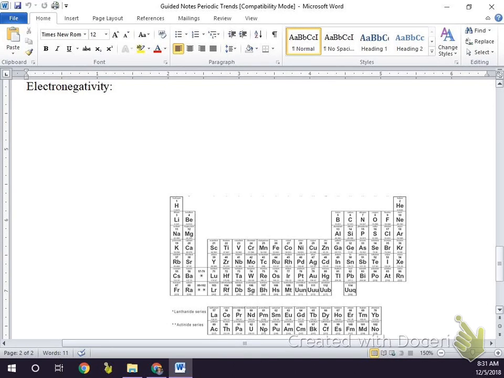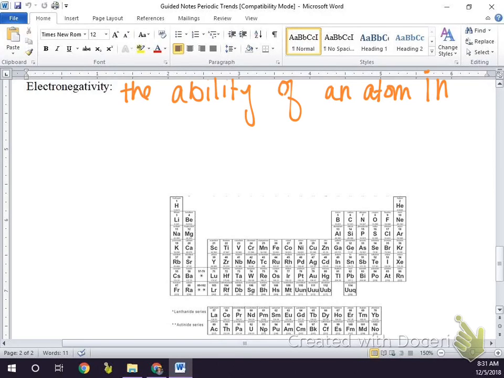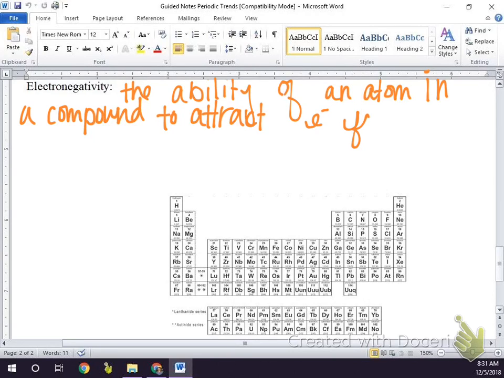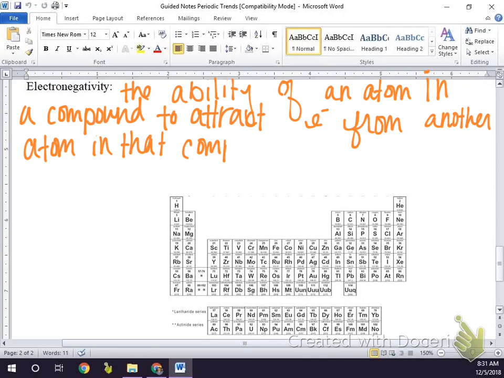And electronegativity, it tells the ability of an atom within a chemical compound to attract electrons from another atom within that same compound.